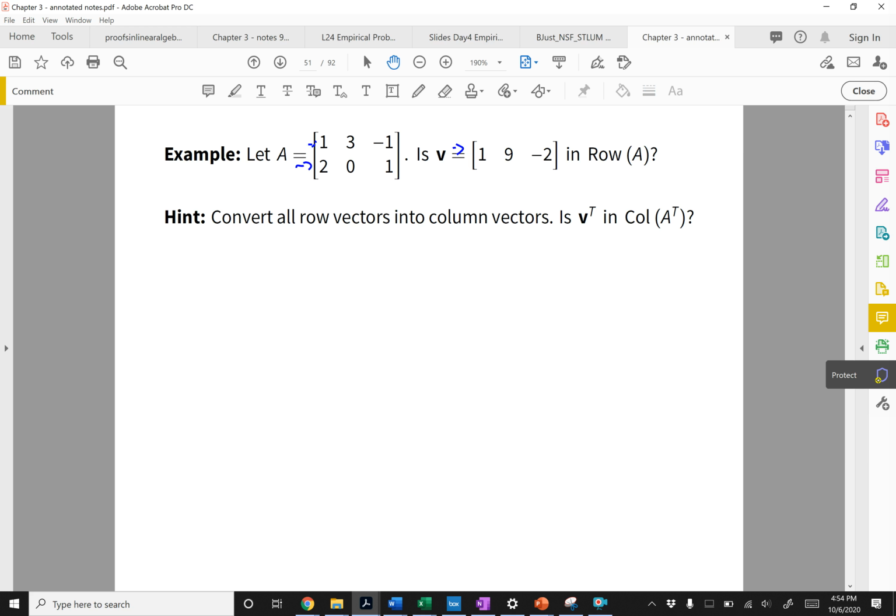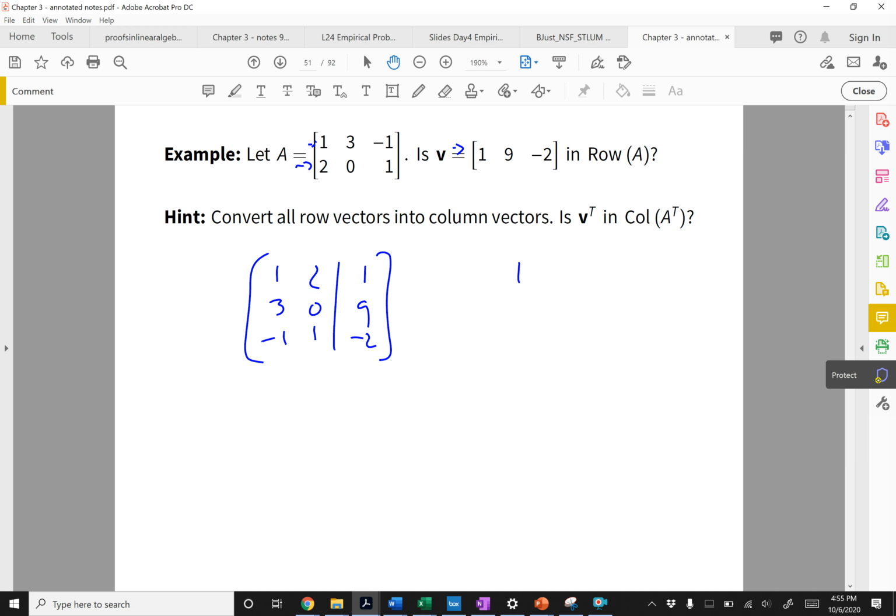And we could transpose them both, and then it's just the same question that we were doing before, where we have questions about a column space. 1, 3, a -1, 2, 0, 1. We could rewrite it like this: 1, 9, a -2, and then we can row reduce. And if this is consistent, so if there is a solution, then V is in that row space.